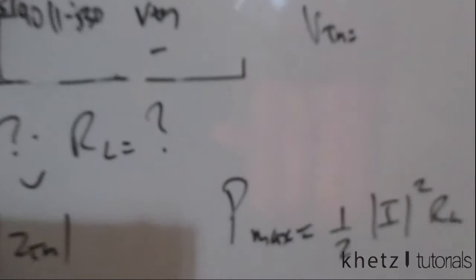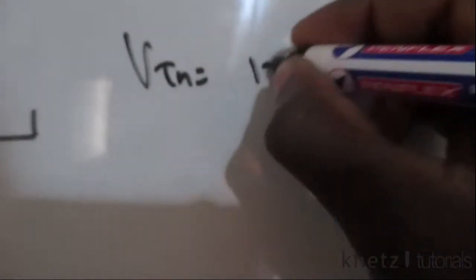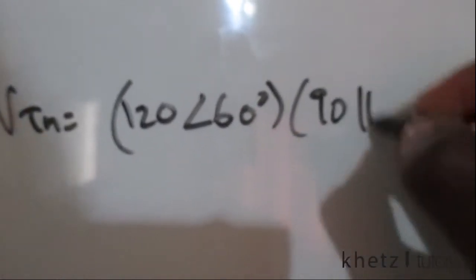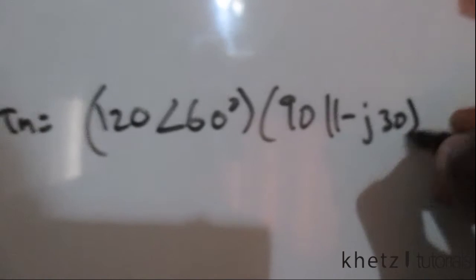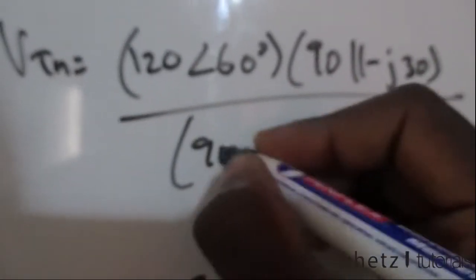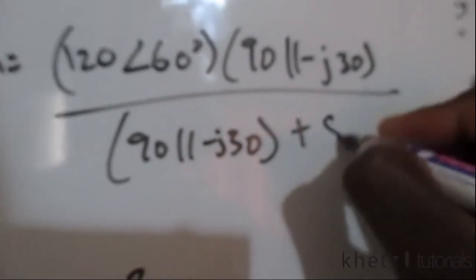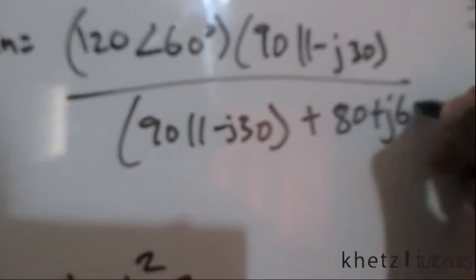And so VTH, by doing voltage division, is 120 with an angle of 60 degrees multiplied by the parallel combination, divided by the value of the parallel combination plus 80 plus j60.